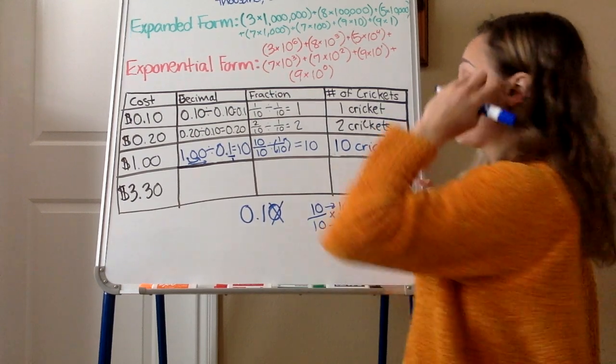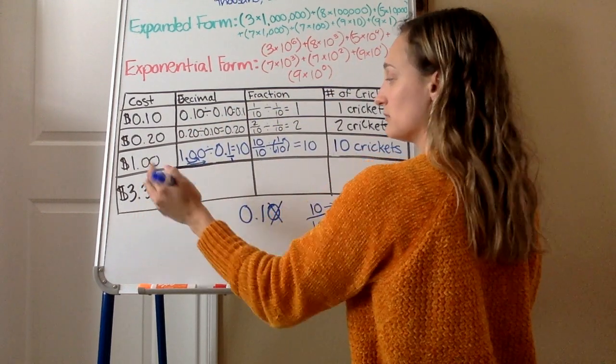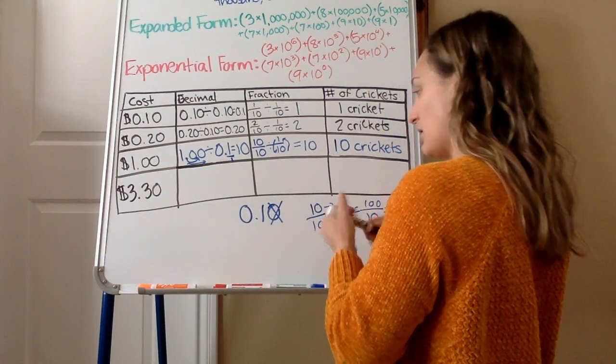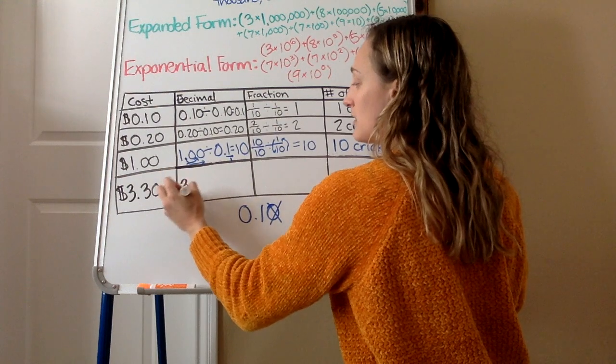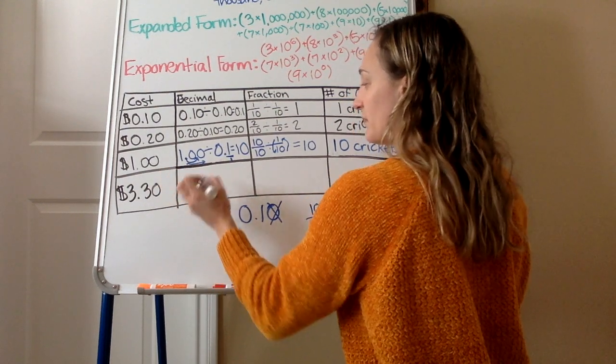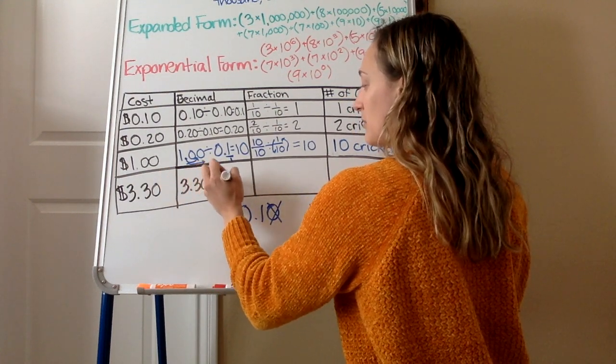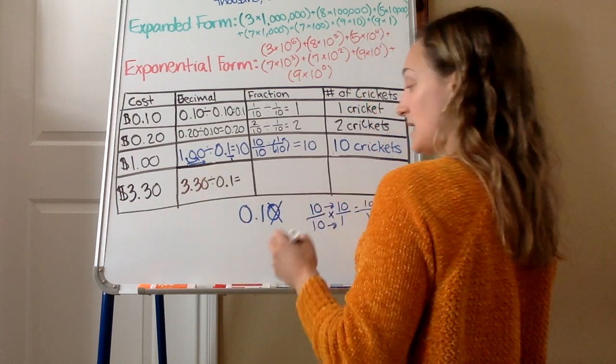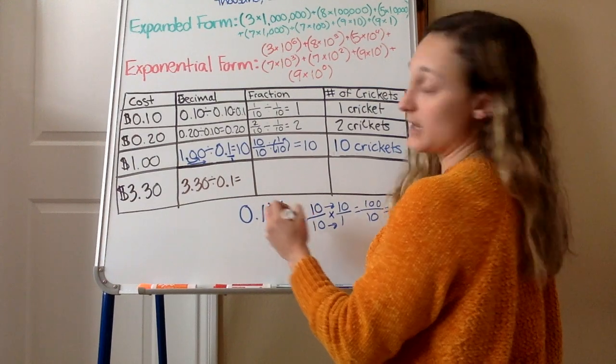And then for the next one, we've got our $3.30. I'm going to write this in a different color so you can follow along a little bit better. We're dividing $3.30 by our 10 cents. Again, if you have a 0, remember we're not counting that.